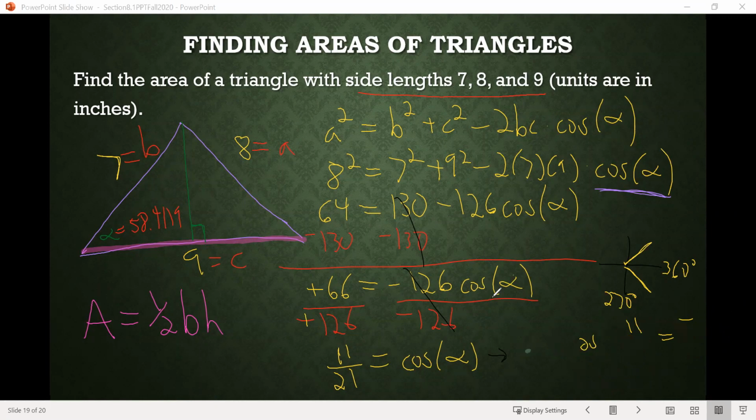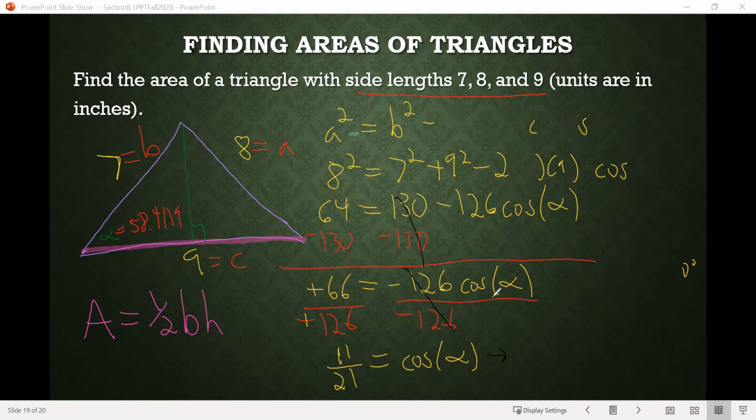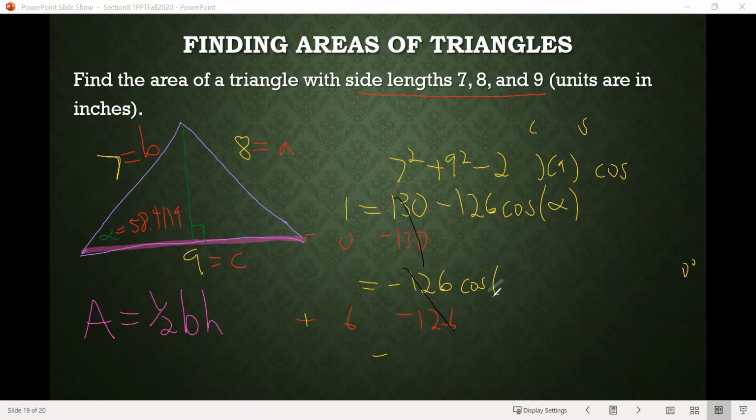All right, and now we are almost finished here. Just need to, again, find the value for h, and then we can plug the info into the area formula. Get this all erased here.